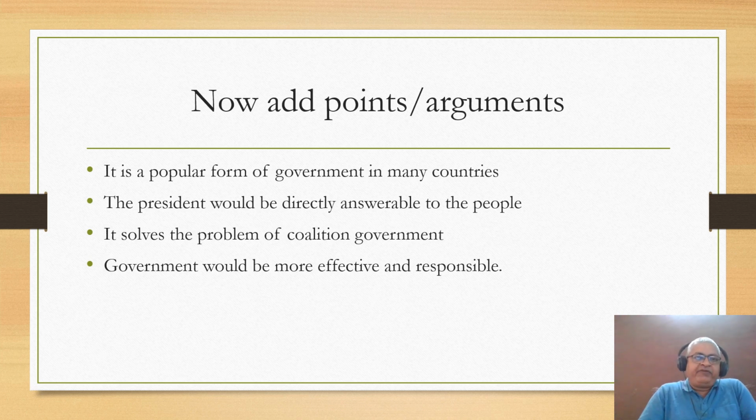So these are the arguments that we have taken. I have taken four arguments. First of all, it is a popular form of government, so I am going to argue on that. The president would be directly answerable to the people. I am going to argue on that. It solves the problem of coalition government, so we are going to argue on that. And then the government would be more effective and responsible. So these are four points of view that we have taken, and then we are going to argue on this.